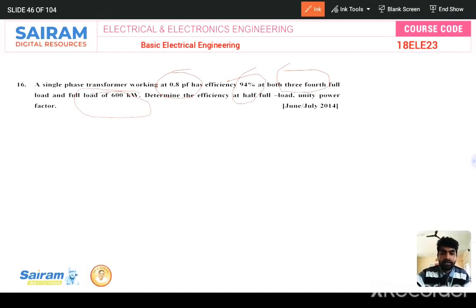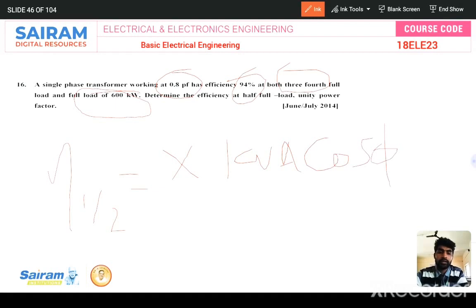And determine the efficiency at half load, half full load, and unity power factor. We need to calculate efficiency at half full load, right? Efficiency equals X into kVA into cos phi divided by X into kVA cos phi plus Wi plus X square WCU.